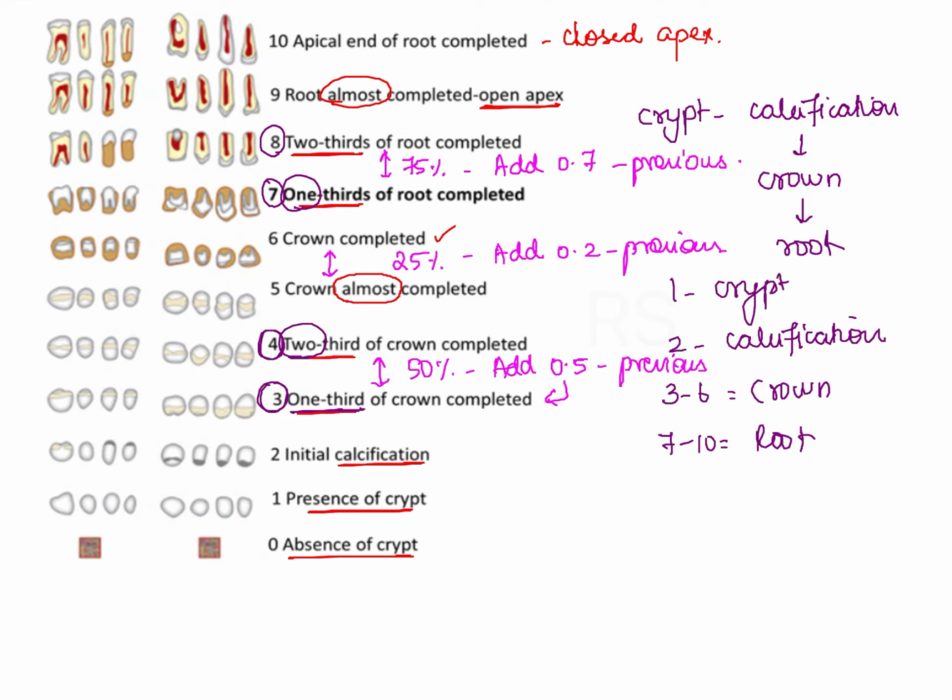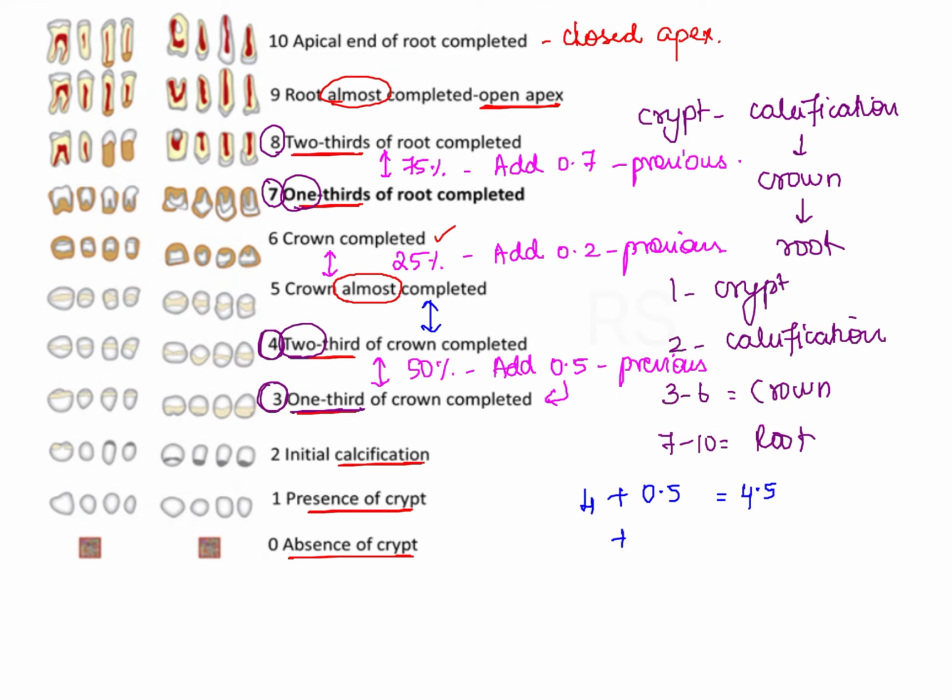For example, consider the tooth to be between stage 4 and 5. So the tooth will get a basic score of 4, because we should always go with the lesser stage or the previous stage. Stage 4 is the basic score given, but if it is halfway between 4 and 5, add 0.5 giving a score of 4.5.